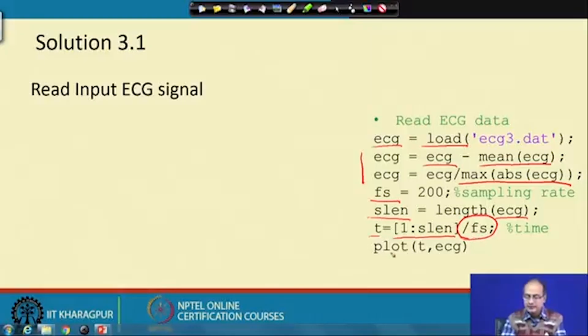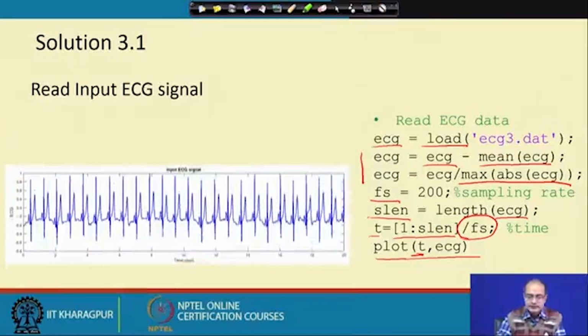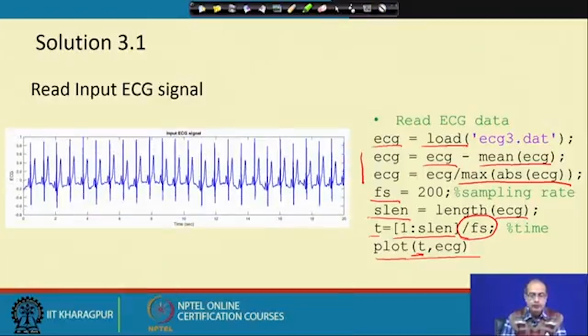Then we use the plot command to get the plot. Here we see the plot. The plot shows that we have 20 seconds of data. We have shown it only for one signal, ECG 3. The same way we can see it for all the cases.